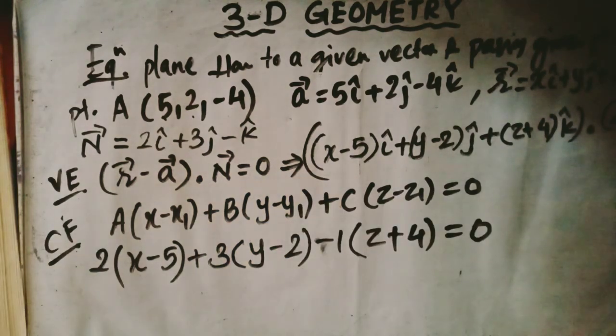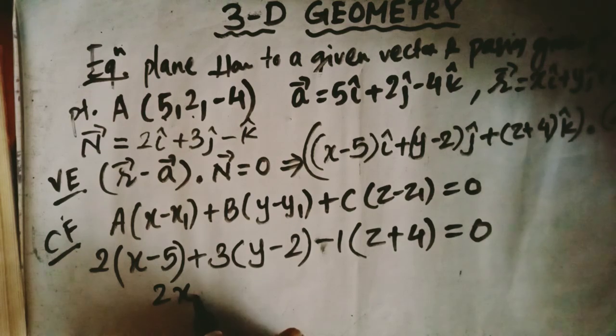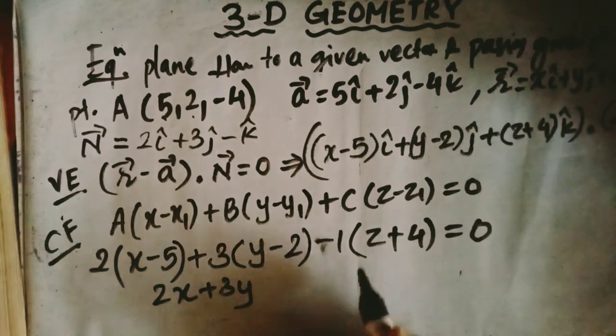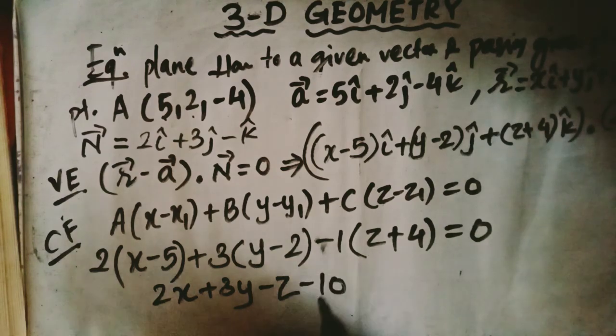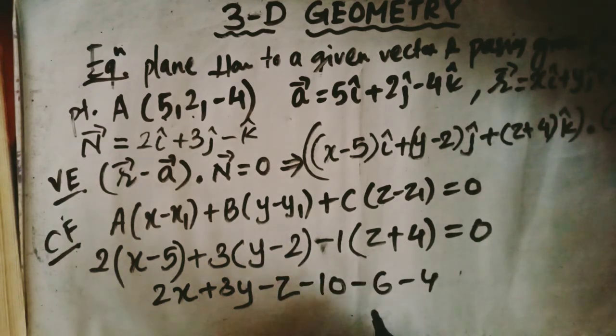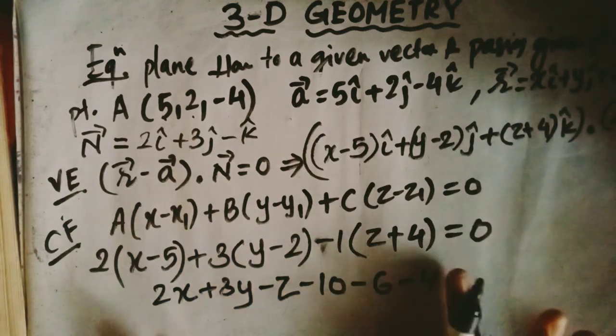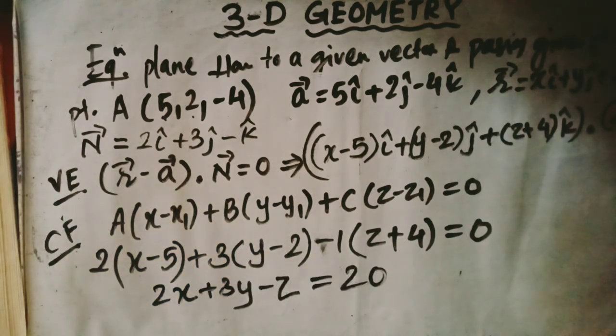So this is the Cartesian form. Further you can reduce this. So this becomes 2x + 3y - z, then the numbers are -10, -6, -4. So this will be -20, correct? So you can write it equal to 20. So this becomes your Cartesian form.